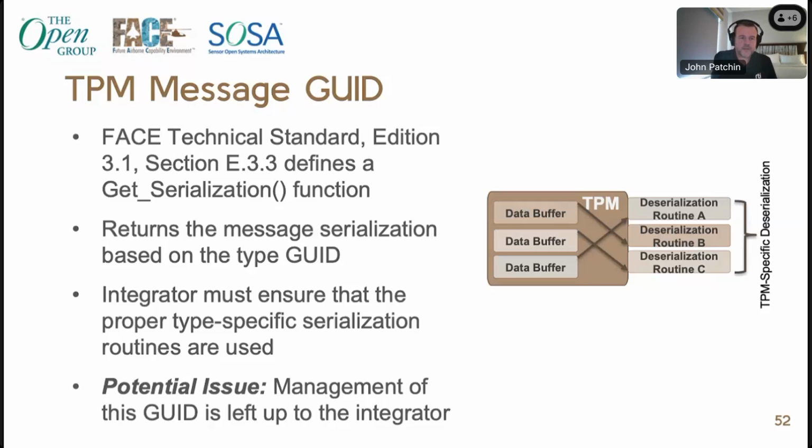There's really no guidance in the spec currently showing how to map these GUIDs or have this consistent interpretation, so it's left up to the system integrator. I think a previous presentation talked about how intelligent and great these system integrators are, and I completely back that. We just need to make sure they're aware that they have this extra responsibility of managing these GUIDs properly.